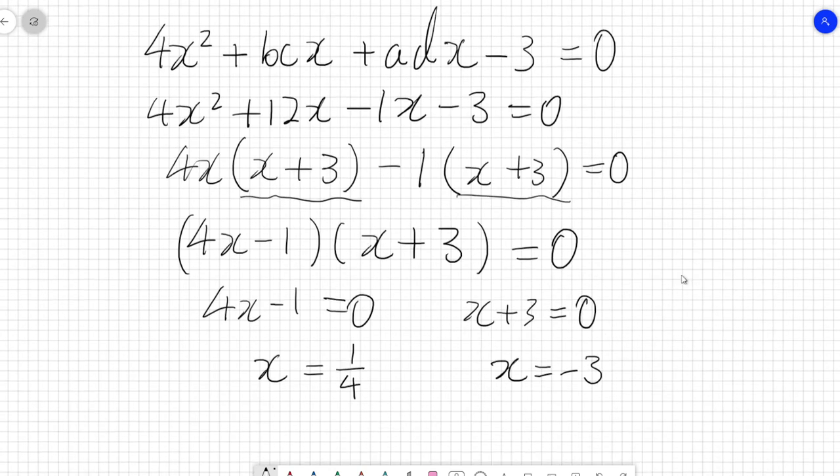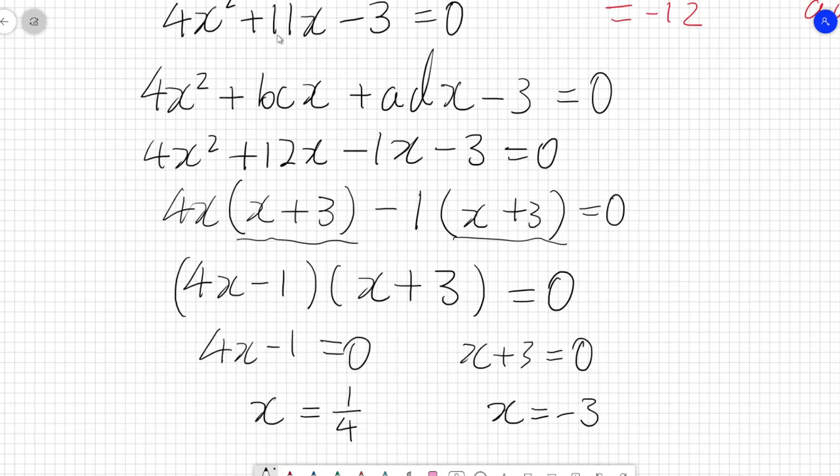Now, the critical part, as you can see, is to try to split the middle term. We're trying to figure out how to split it. And the most important thing is to figure out which two numbers add to the middle term, but also multiply to the product of the first and last terms.